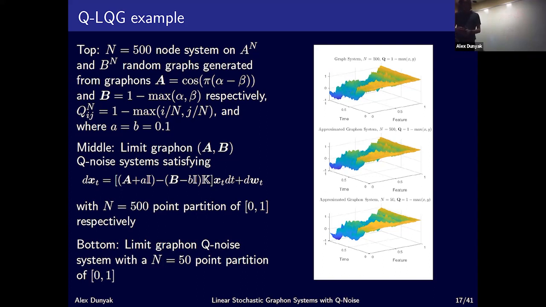But in particular, the adjacency matrices in the top graph that we're using to do the finite node graph averaging systems are very non-smooth, because as adjacency matrices, each entry is either 0 or 1. So there's no smoothness there.